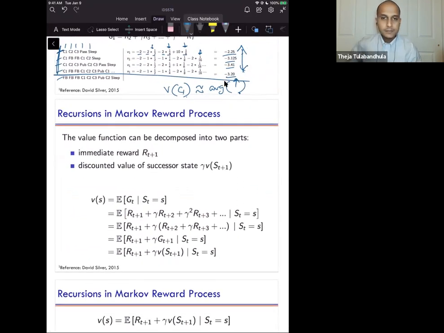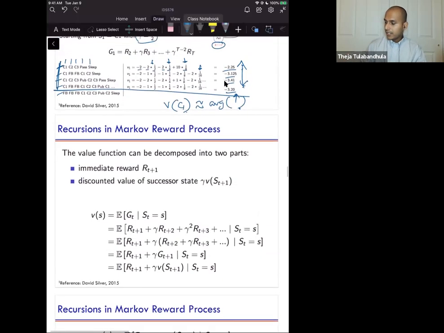Okay, so we understood that in the Markov reward process, we can have the notion of a value. Now we're going to introduce another property about these value functions, which is that the value function can be decomposed into 2 parts.